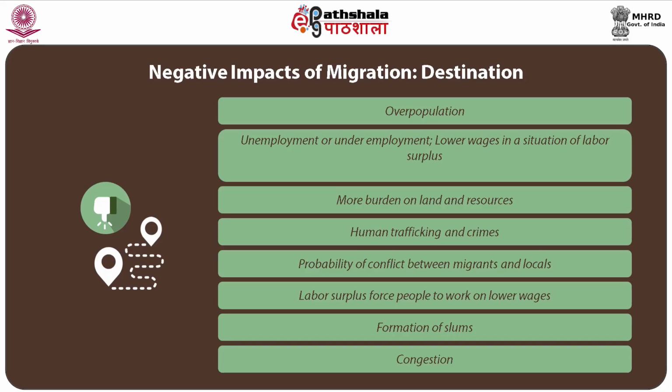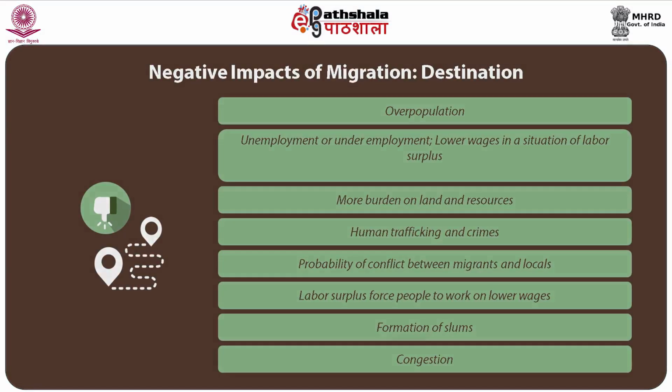These are primarily the negative impacts of migration at the place of origin, and we also find there are several negative impacts of migration in the place of destination. Firstly, it is often found that the place of destination is overpopulated, especially in urban areas, where areas that attract large scale migration are also places with considerable overpopulation.